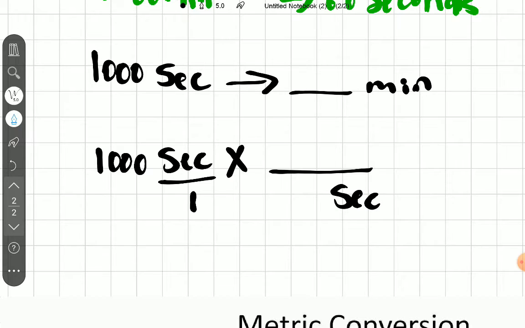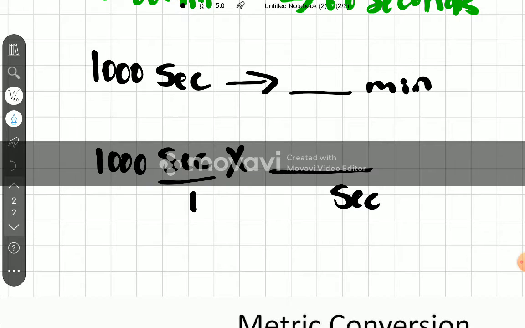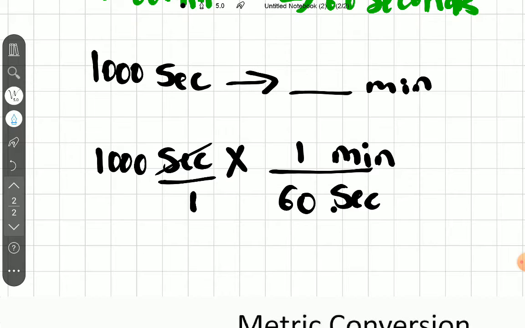And then because we want minutes, we would want to have it on the top so that it does not cancel out with anything. And then we know that in 1 minute there's 60 seconds. So now we can cancel out the seconds, and we're left with minutes.